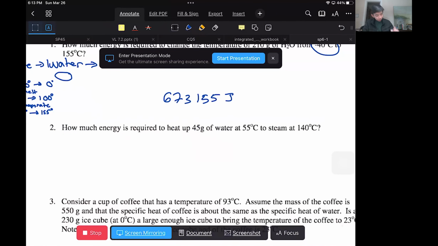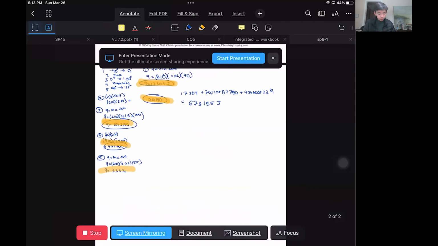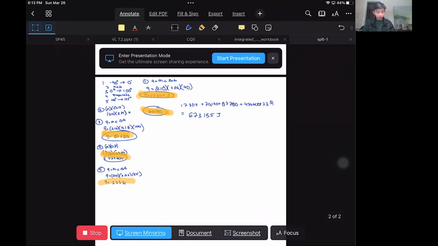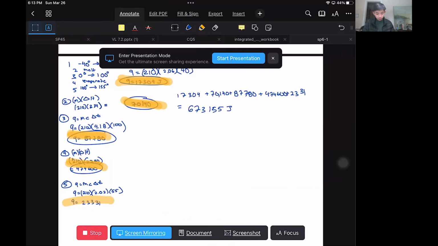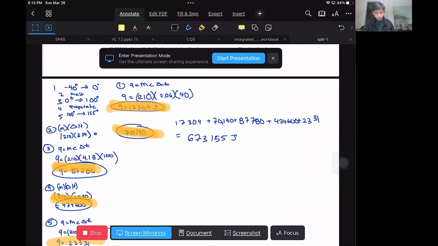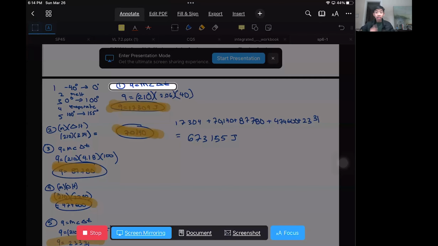One more thing. Notice how we went from Q equals MC delta T to mass times enthalpy, and back to Q equals MC delta T. So we always alternate, right? Q equals MC delta T is the first one.